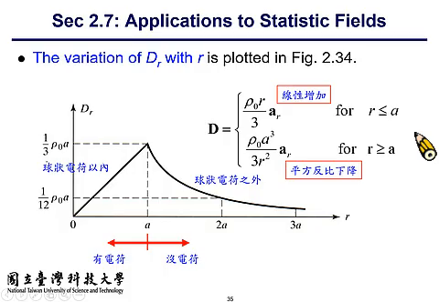On the other hand, if the observation point is outside of the spherical charge sphere, then it is inversely proportional to the square of r, like this. All right, so you should be able to draw the solution graphically. So that is example 2.7.